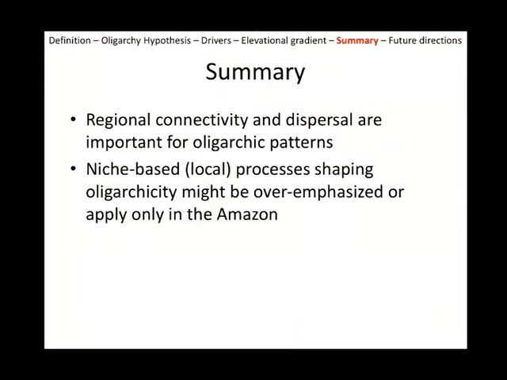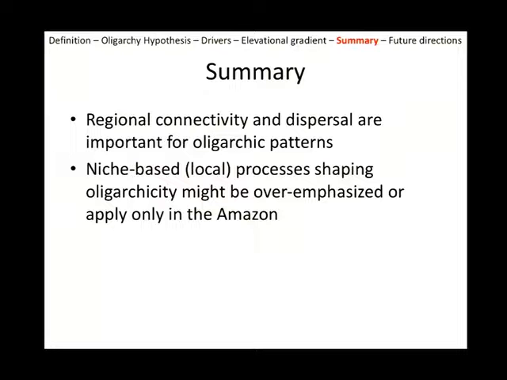The second conclusion is that niche processes, deterministic processes, are of secondary importance. Maybe important in the Amazon, probably important in other systems like temperate forests, but in the Andes, or at higher elevation in these systems, they are not as important as dispersal limitation and connectivity.